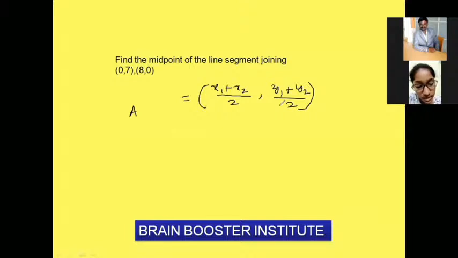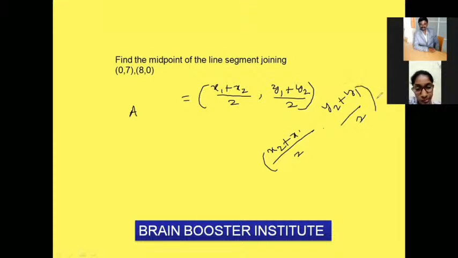But she said x2 plus x1 by 2 comma y2 plus y1 by 2. Do you agree with her? Just give me a minute, I'll try it.